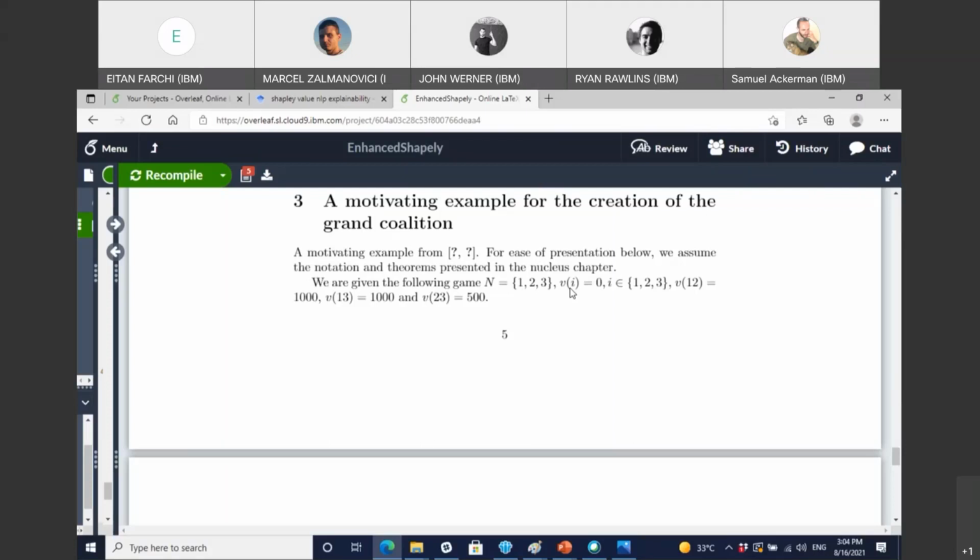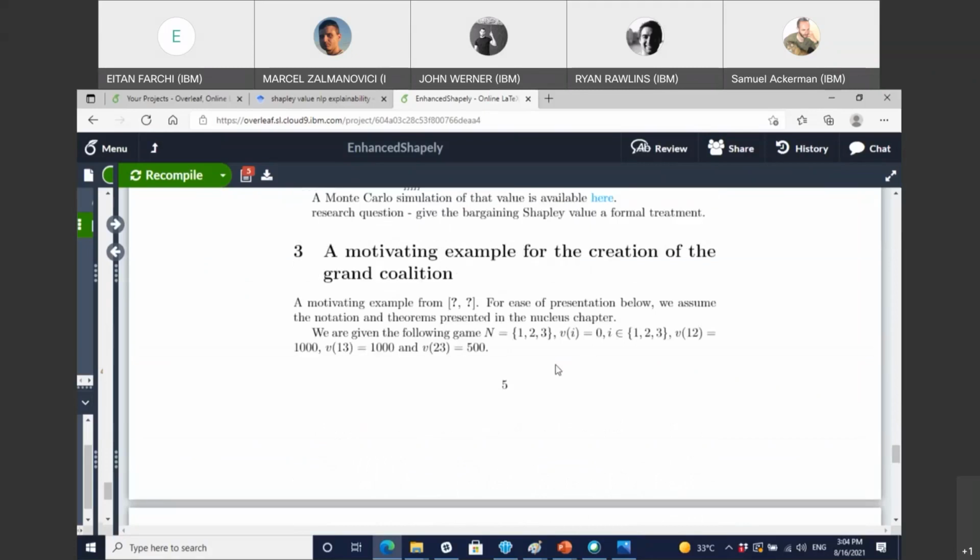So what we're saying here is that the single players, 1, 2, and 3, by themselves can't get anything. So they get a 0. Now, players 1 and 2, and 1 and 3, can get 1,000, and players 2 and 3 can get 500. So this is the game.